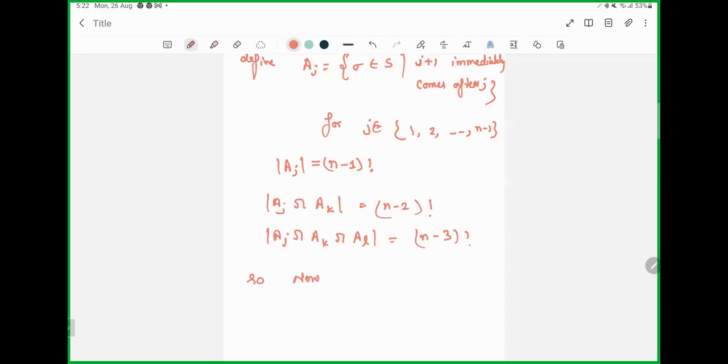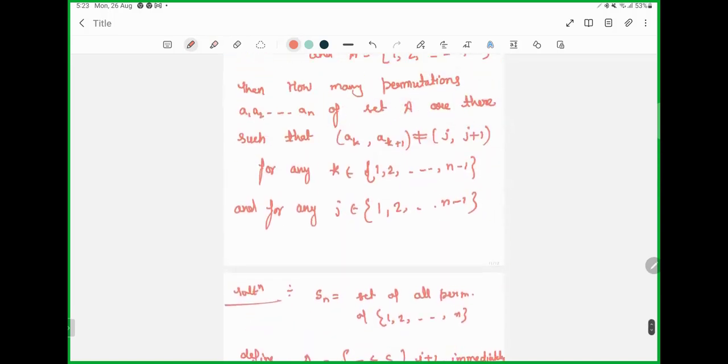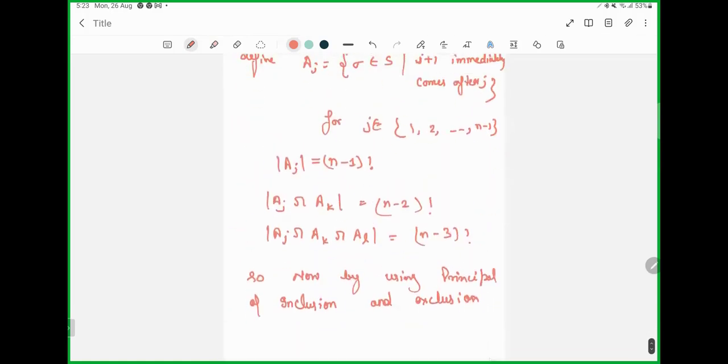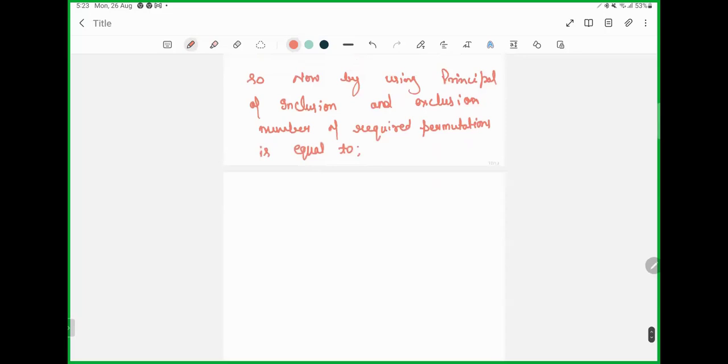By the principle of inclusion and exclusion, the number of required permutations is equal to the cardinality of S minus the union A1 union A2 union up to A n minus 1.